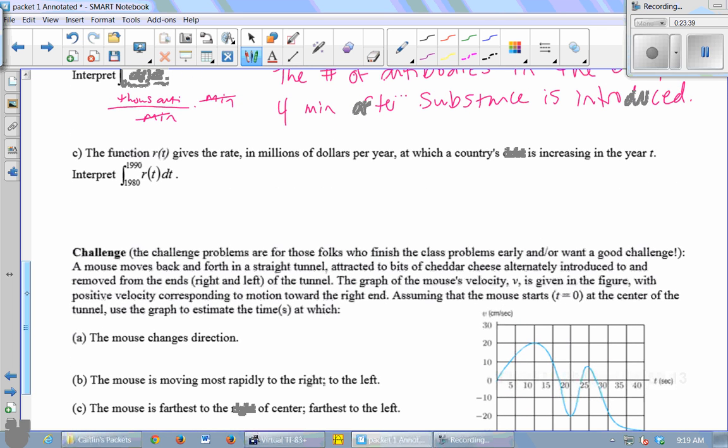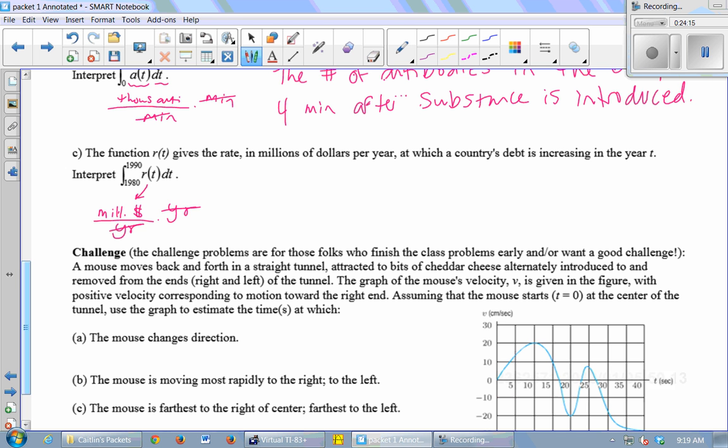Okay, so the next one, R of t, is the rate in millions of dollars per year. And dt is a small change in time, so its units are going to be years. Years cancel. So this represents millions of dollars. So the integral from 1980 to 1990, those are years, right? Year t, 1980 to year 1990. How do we interpret this integral?